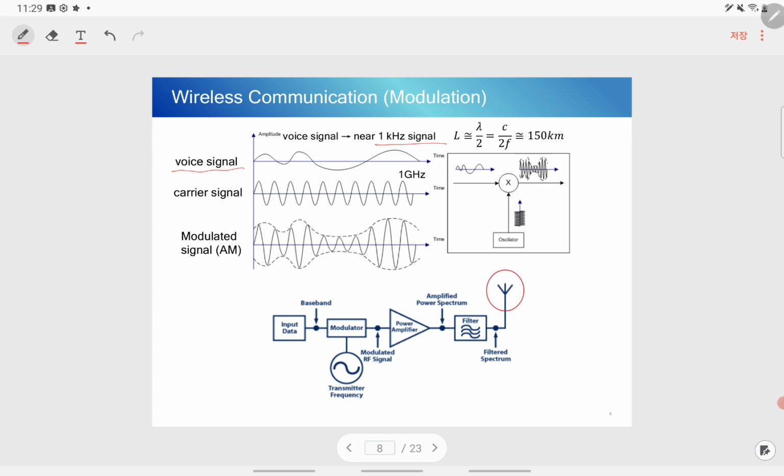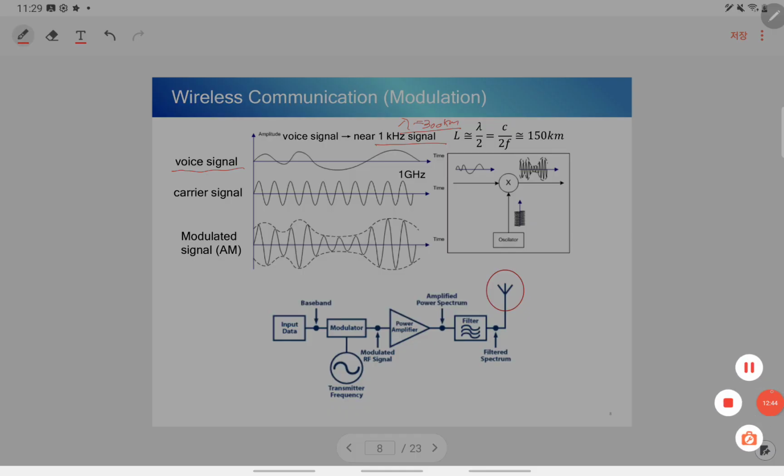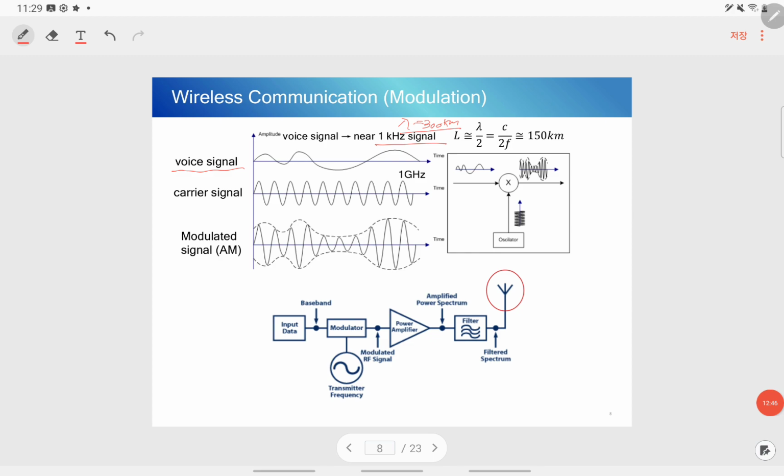If we convert that to wavelength, lambda is about 300 kilometers, very long. The antenna length should be lambda divided by 2, so the antenna size should be 150 kilometers, which is very big.